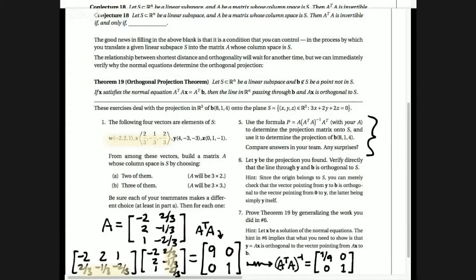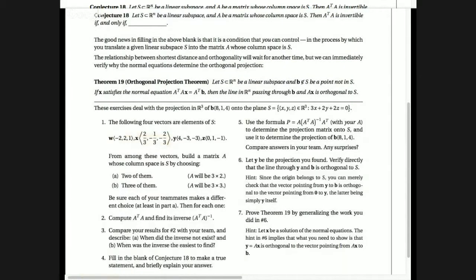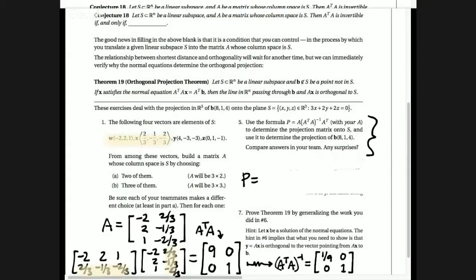So that's A transpose A inverse. And so the projection matrix that I get using this A transpose A inverse will be A, times my A transpose A quantity inverse, that was my 1/9, 0, 0, 1.